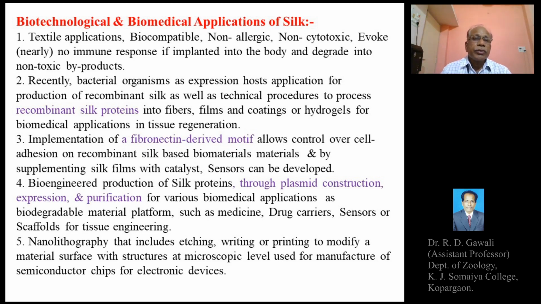Then the silk can also be used in electronic devices, as we have explained earlier. That is, silk can be used as an insulation in telephone receivers or wireless receivers.